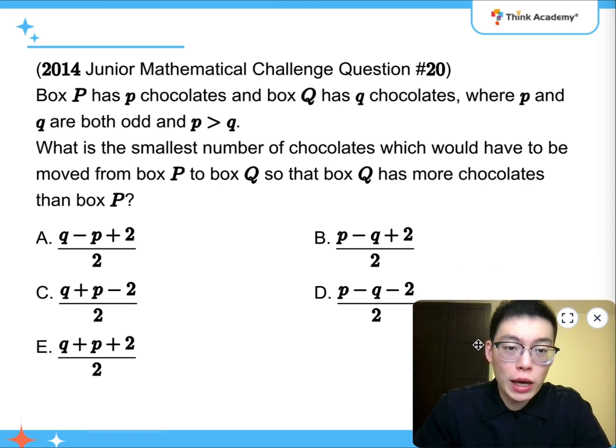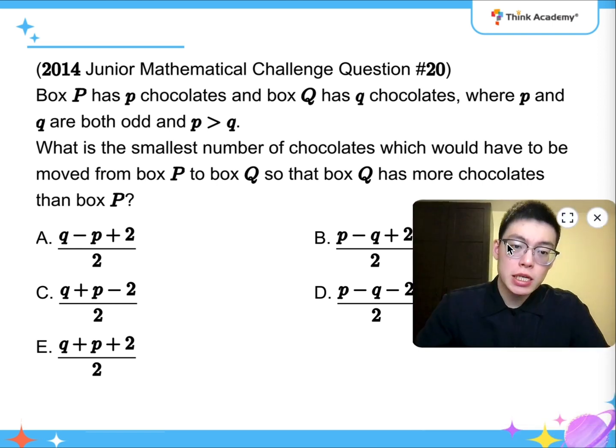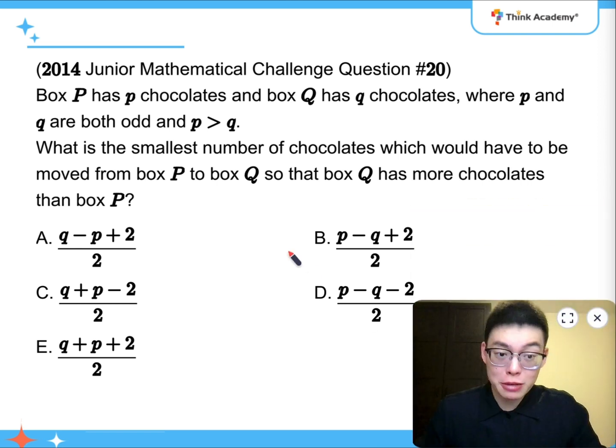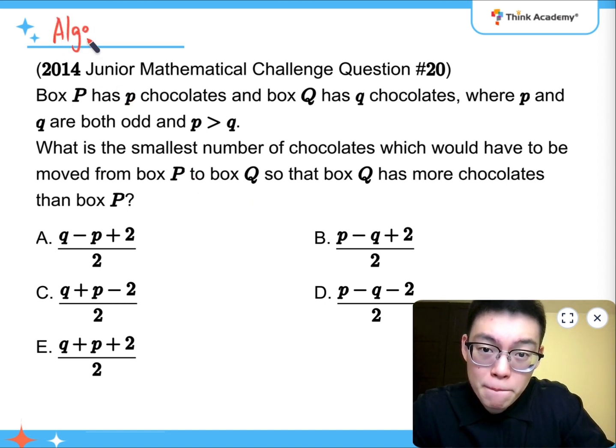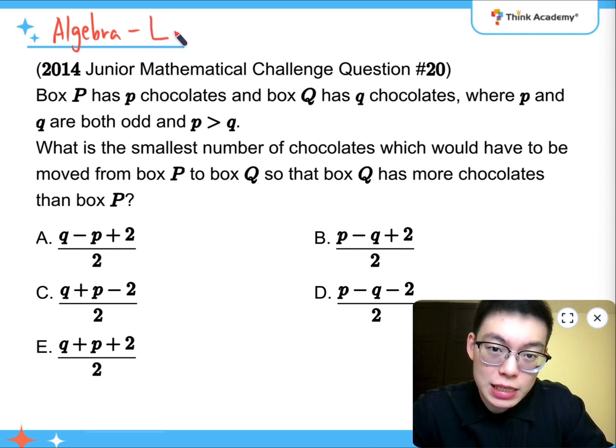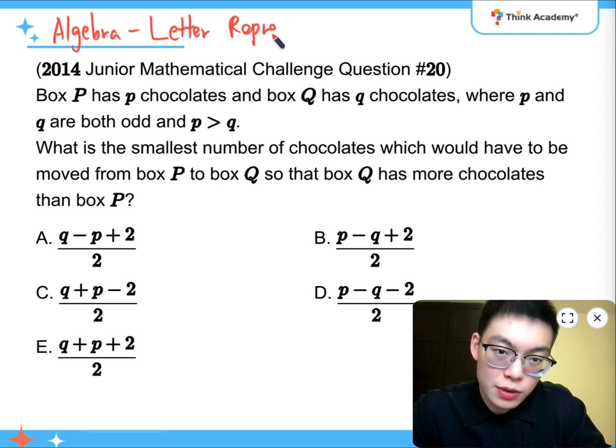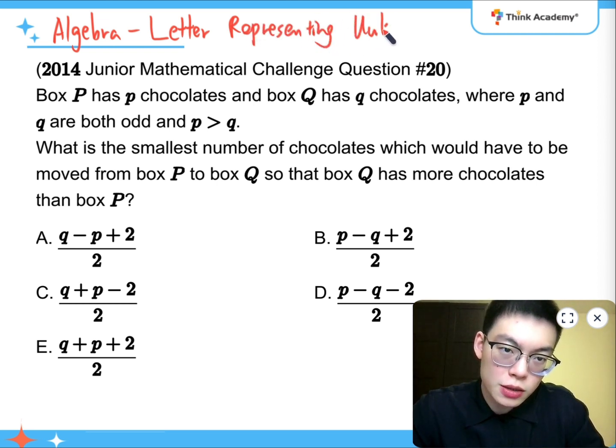And as for question number 20, this is going to be algebra. This is definitely algebra, you can see. And this is about using letters to represent the unknowns.